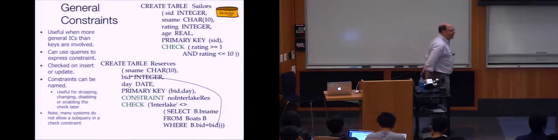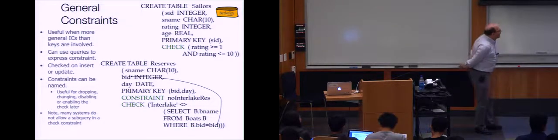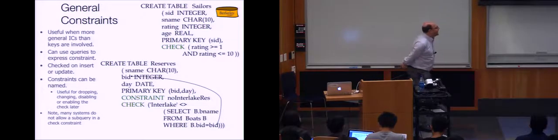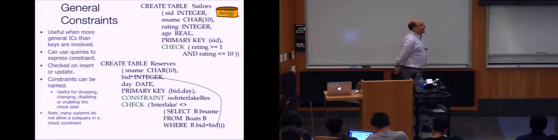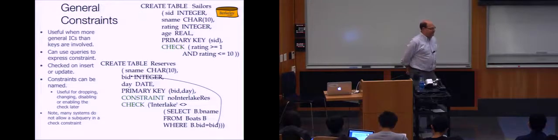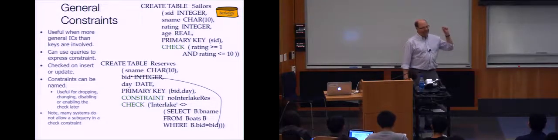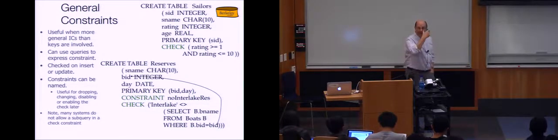Yeah? Oh, boy. So you're allowed to have a constraint that says not null, so you're not allowed to insert a null field. You could say age real, not null, and then you wouldn't be allowed to insert something with a null value for age.